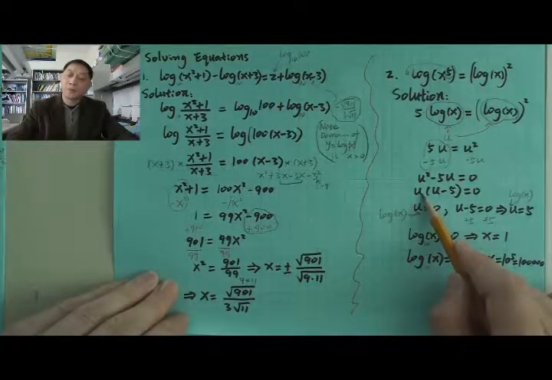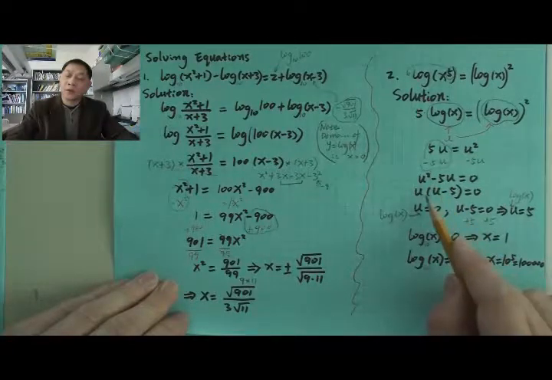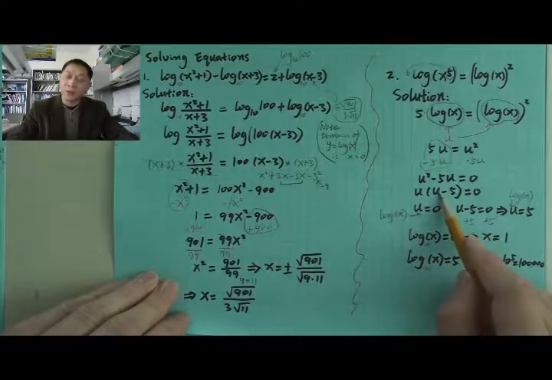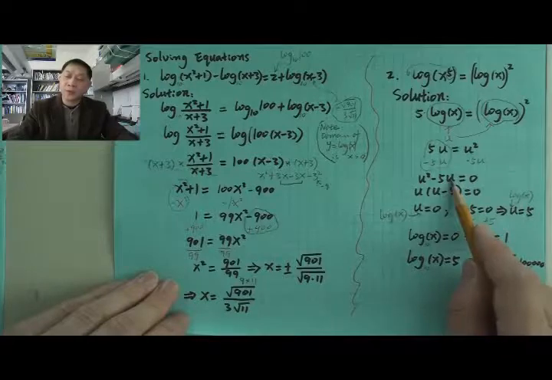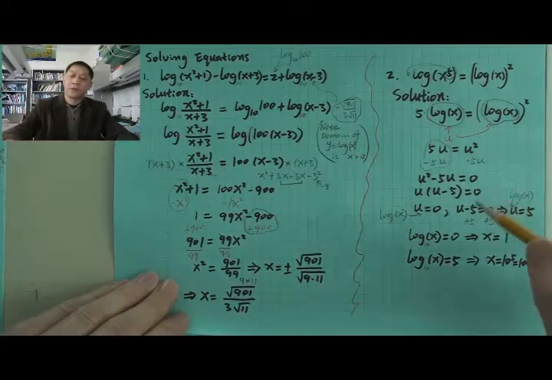Pull u out. You pull one u out from u squared, you have another u. You pull u out from 5u, you have a 5. So that's u times u minus 5.